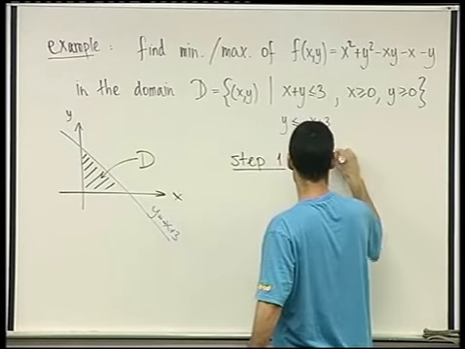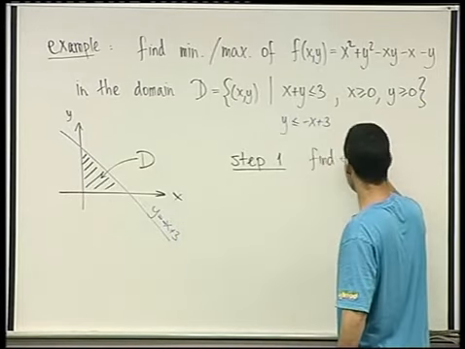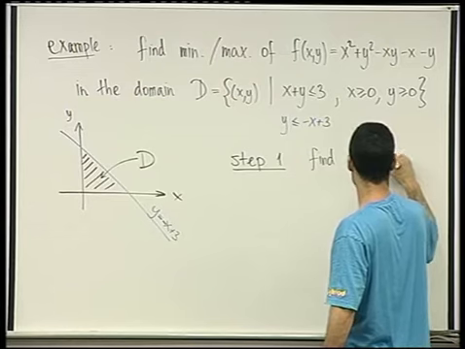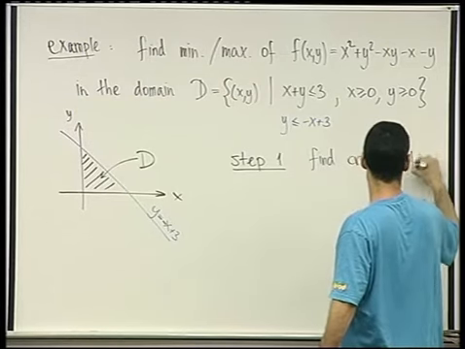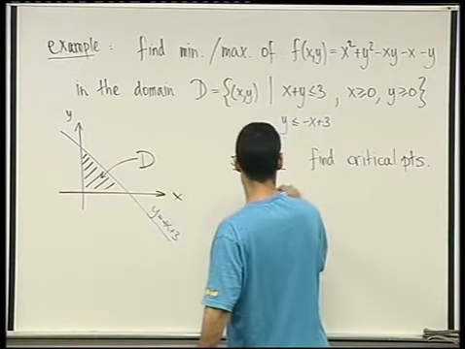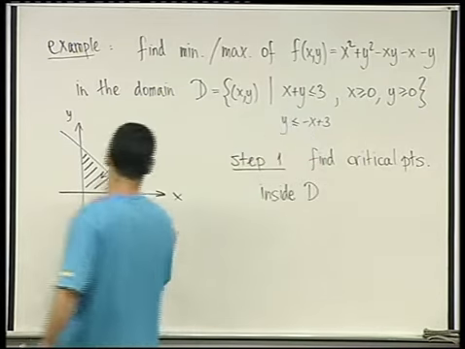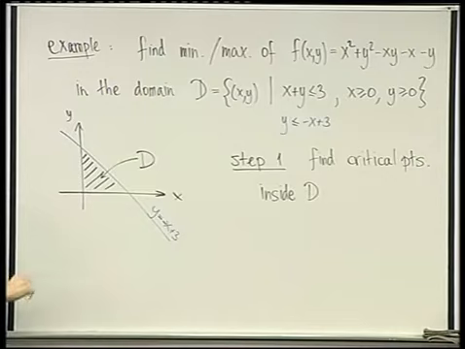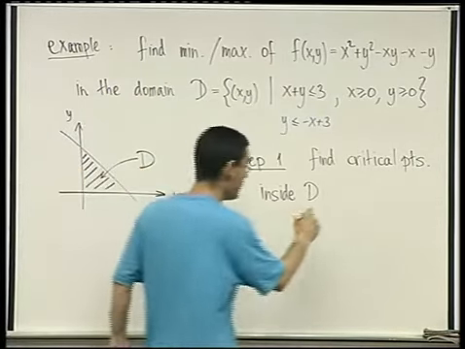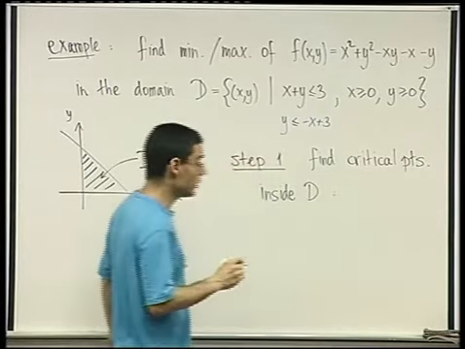find critical points inside D. Inside, I mean in the interior of D, not on the boundary. Okay? And how do we do this?